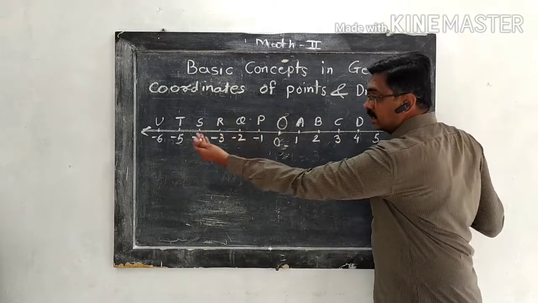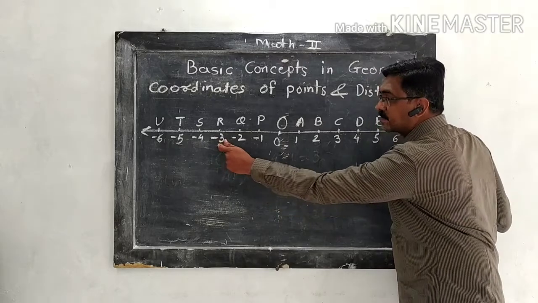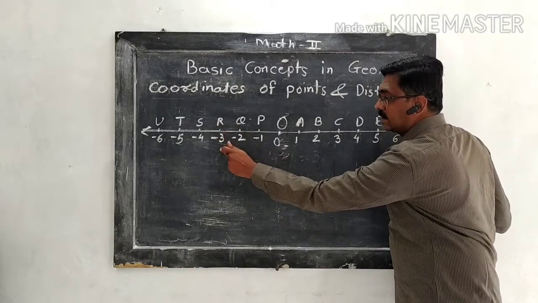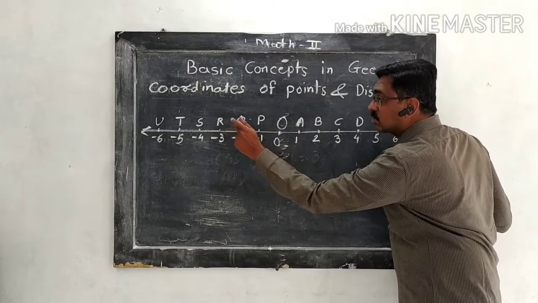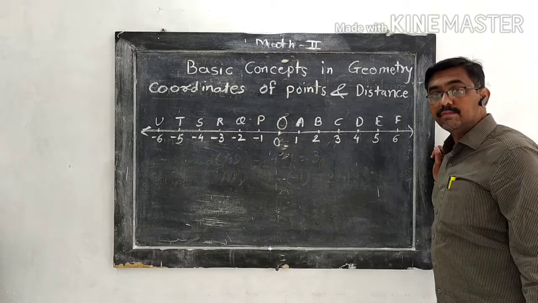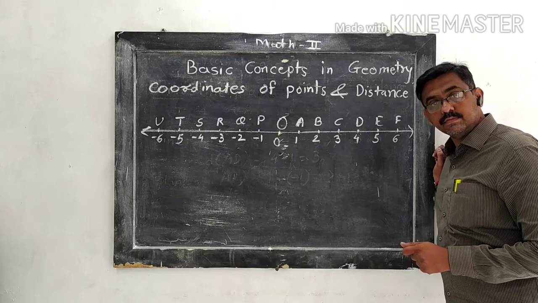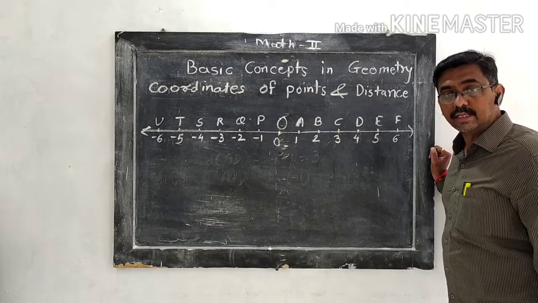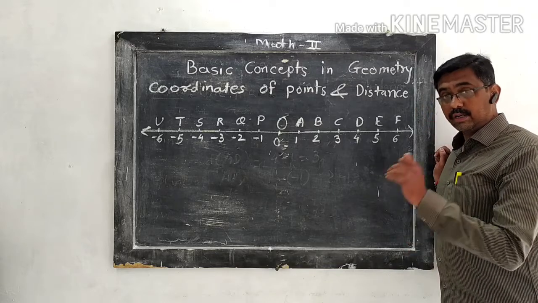Now for negative numbers, -3 is associated with point R, so the coordinate of point R is -3. For point U, its coordinate is -6. So we can tell the coordinates of the points on a number line.